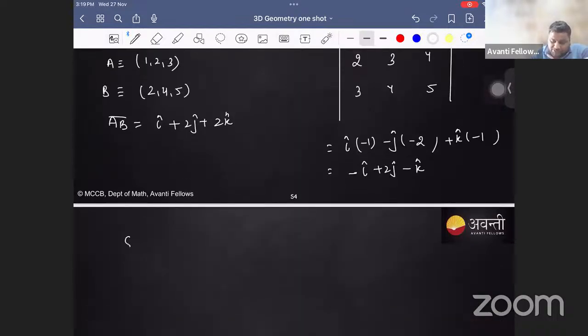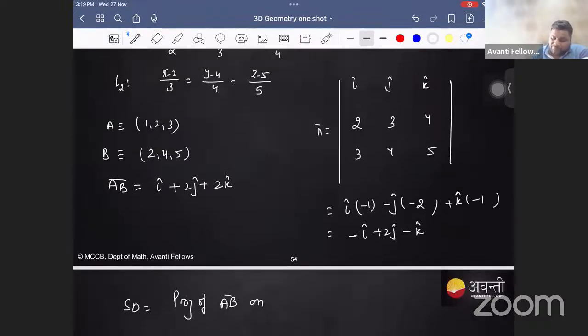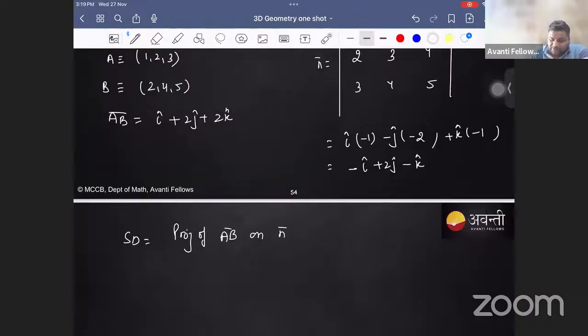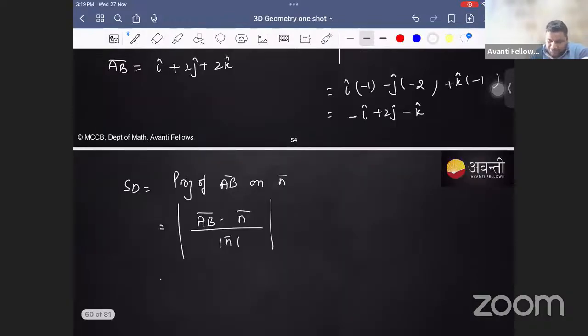Now what do you want? Shortest distance will be the projection of AB on, let's call it vector n. So that is AB dot n upon magnitude of n. So what will be AB dot n?